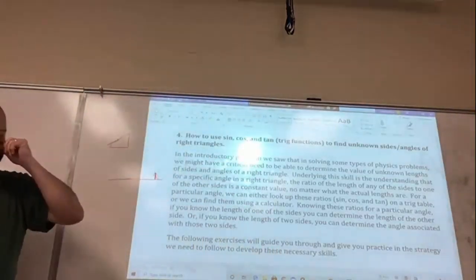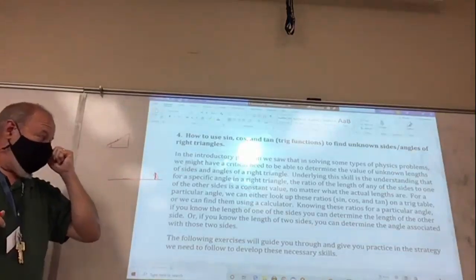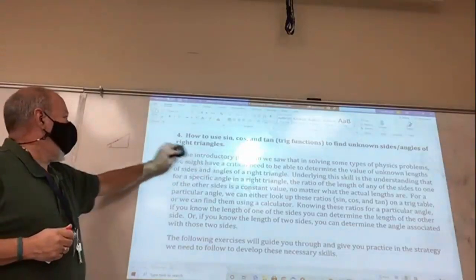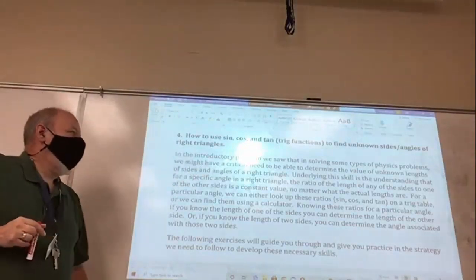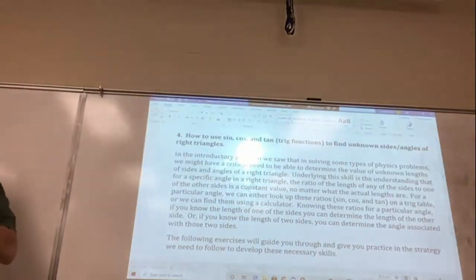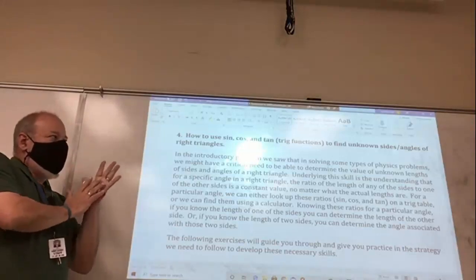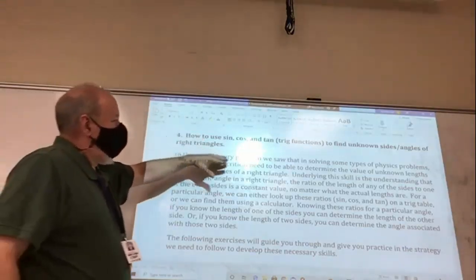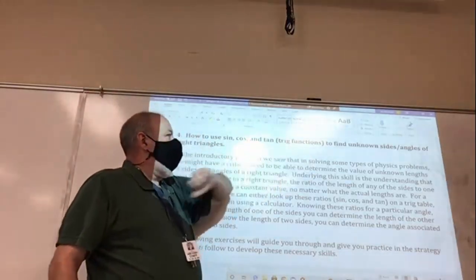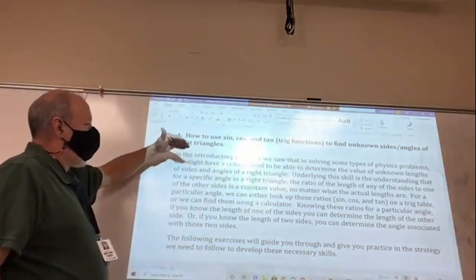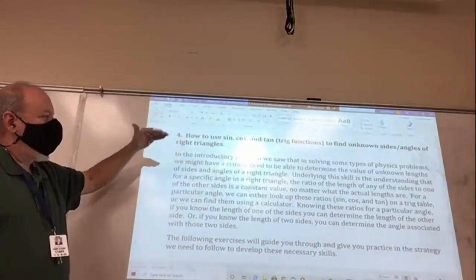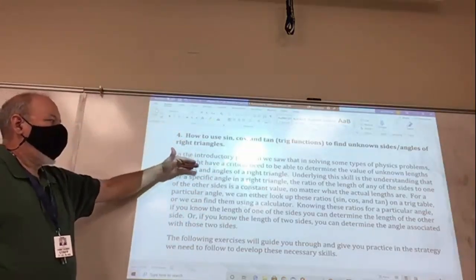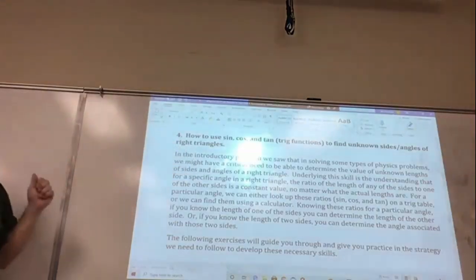You probably don't walk around doing physics problems in your head, but there are real world applications to this kind of thing. And who knows, maybe someday, even if you're not in physics, you may use something like this. Anyway, in the introductory problem, we saw that in solving some types of physics problems, we have a critical need to determine the value of unknown lengths of sides and angles of a right triangle.